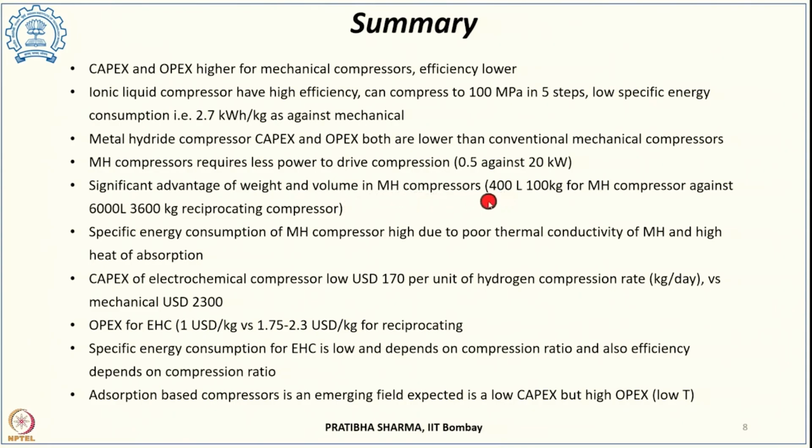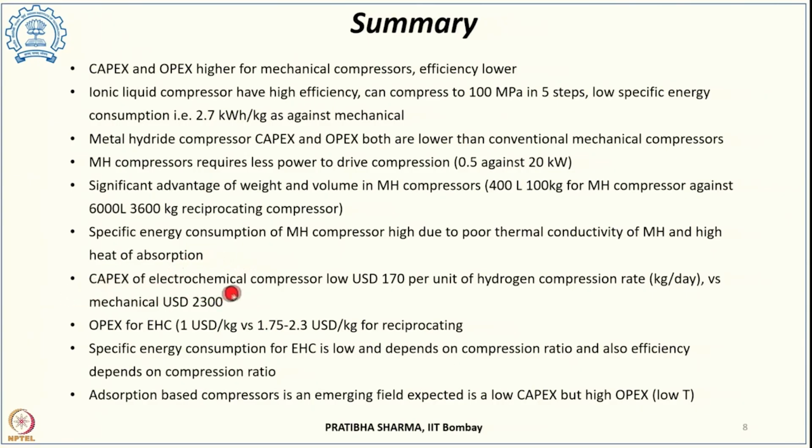Like a typical example, 400 liters and 100 kg for a metal hydride compressor, then 6000 liters and 3600 kg for a reciprocating compressor, thus they require a larger footprint area. Specific energy consumption for metal hydride compressors is high, that is the overall energy requirement, and that is because of poor thermal conductivity of metal hydride and high heat of absorption and high heat of desorption which are required, and then the thermal management which is required.